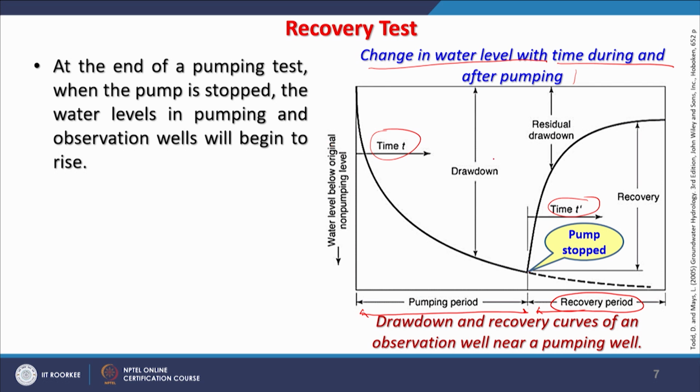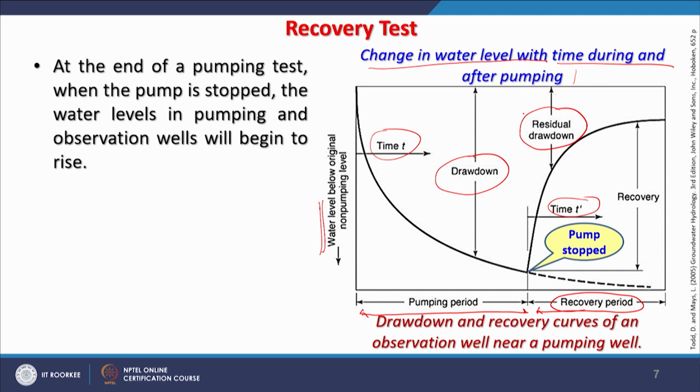When pumping is being done, this is the drawdown, because this is the water level which you are measuring on the y axis. When we plot this water level versus time, it should be a curved line, and then when pumping stops, it becomes the residual drawdown.